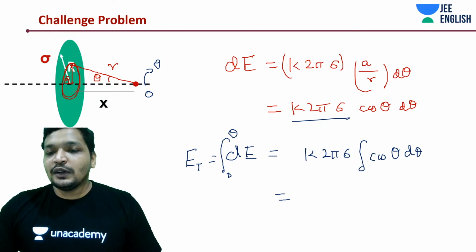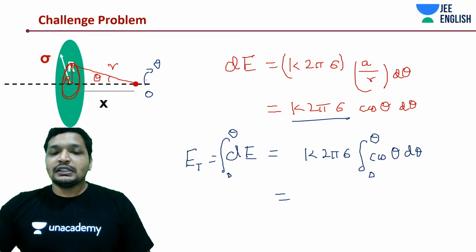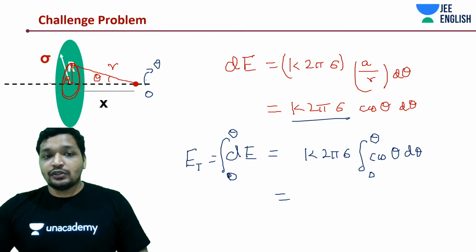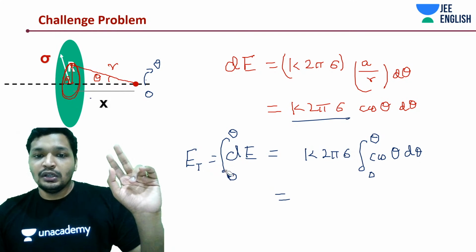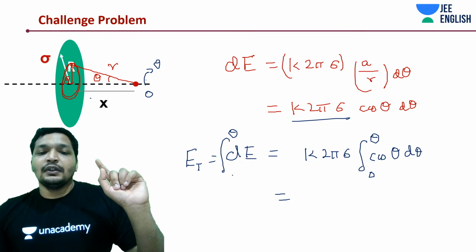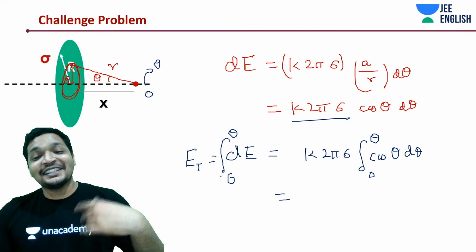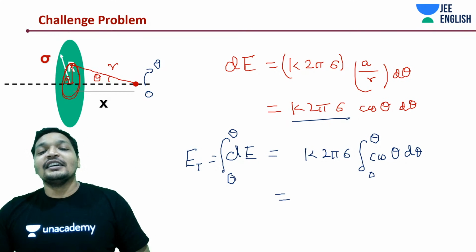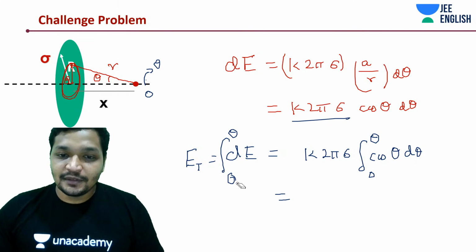Hence, we got over with the problem quite simply. Remember to put it as 0, not minus theta, because you are going from 0 to theta. You can go from minus theta to 0, but you're not going from minus theta to theta.